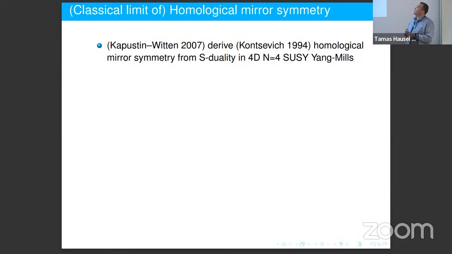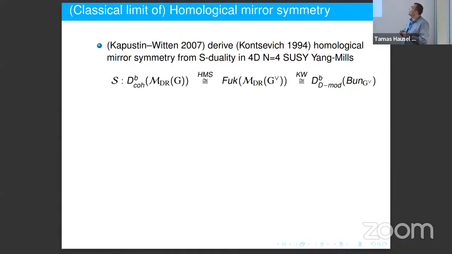So it was physicists Kapustin and Witten's monumental work in 2007, where they proposed a physical understanding of these kinds of mirror symmetries between Langlands dual Hitchin systems or Langlands dual flat connections. They actually argued that they can be understood from S-duality in four-dimensional supersymmetric Yang-Mills. This is something they had studied a long time before.